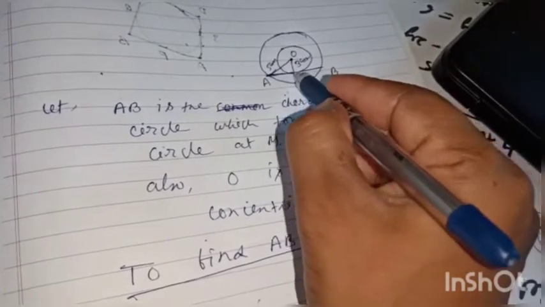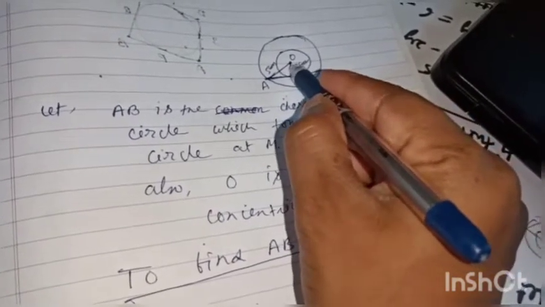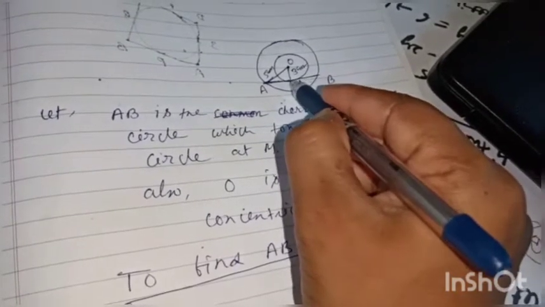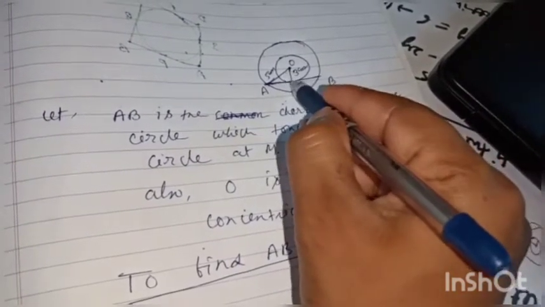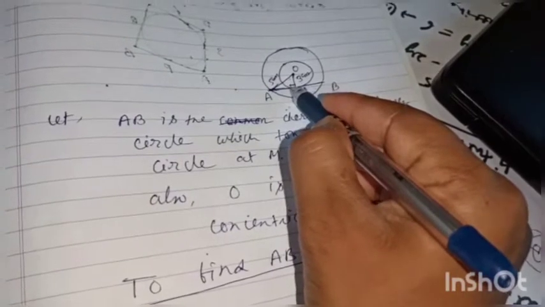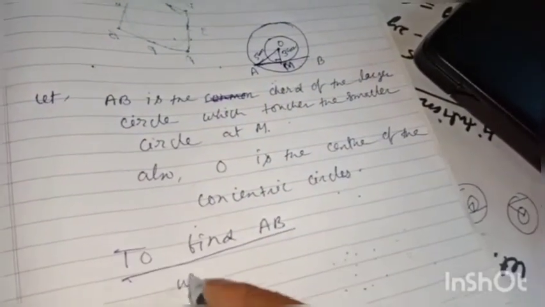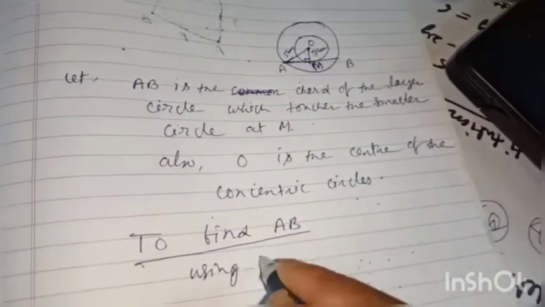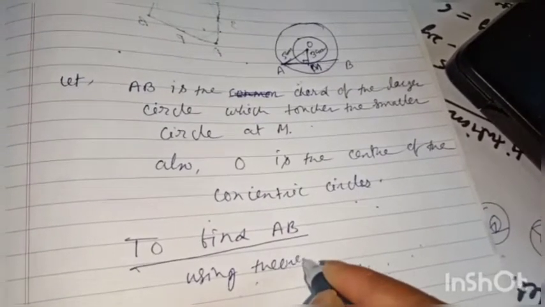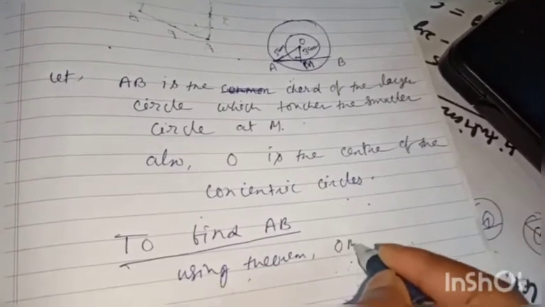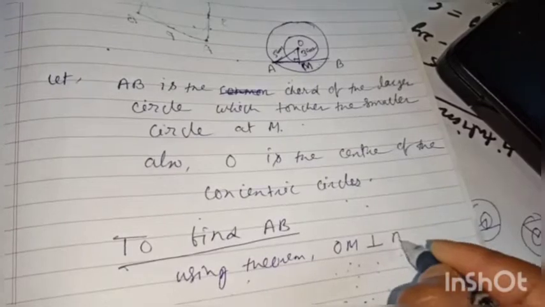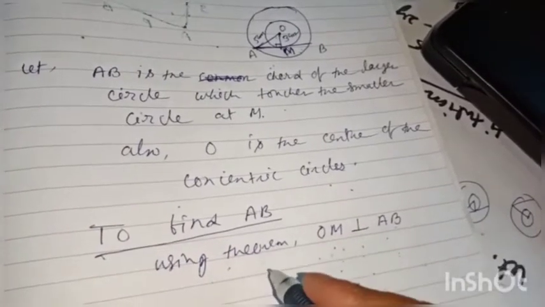is always perpendicular to the tangent, means the radius is perpendicular to the tangent, means this is 90 degrees. So using the theorem, OM is perpendicular to AB.